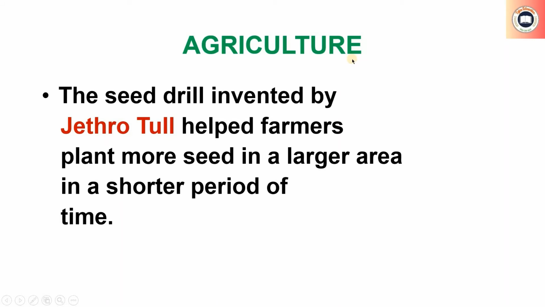So now let's know about agriculture. Britain was a largely agricultural society before the Industrial Revolution. There were many inventions that helped in the field of agriculture, like the seed drill. The seed drill, invented by Jethro Tull, helped farmers plant more seeds in a larger area in a shorter period of time.